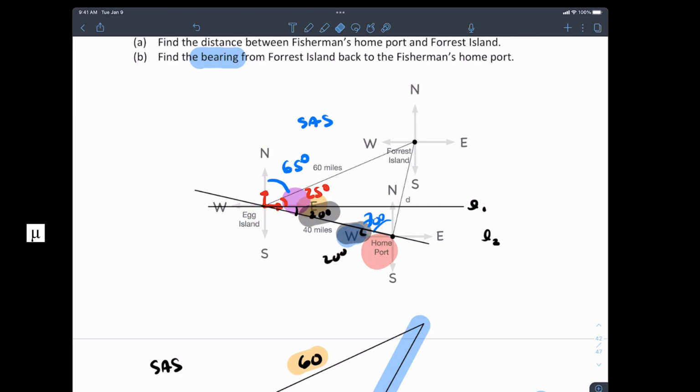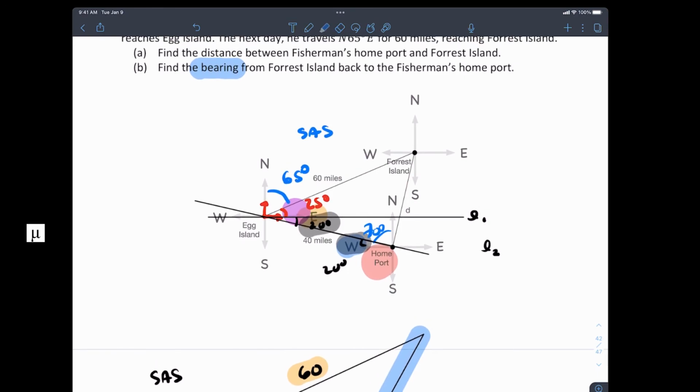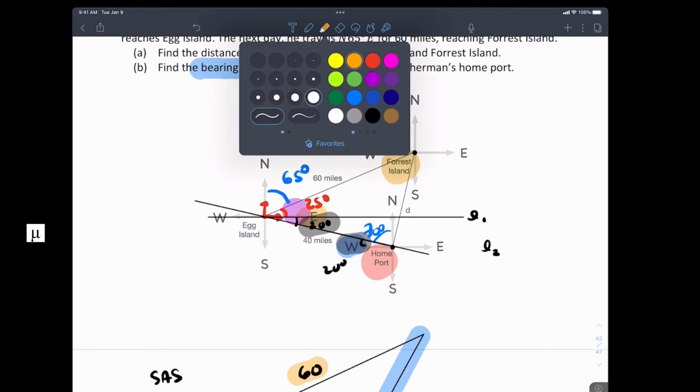So stop and think about this. Find the bearing from Forest Island to home port.